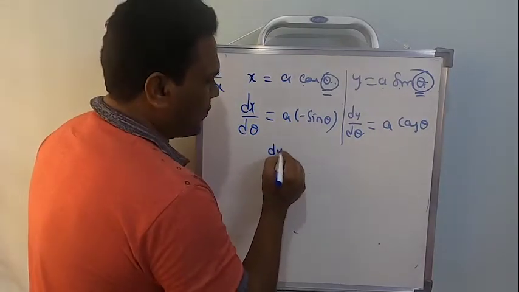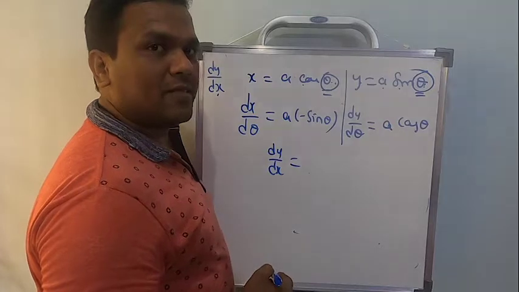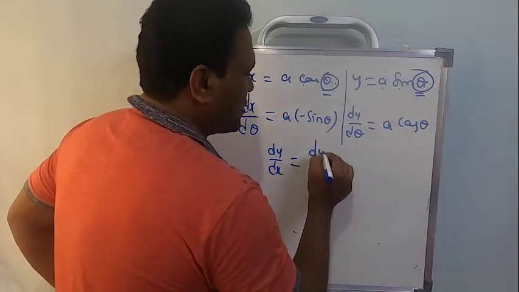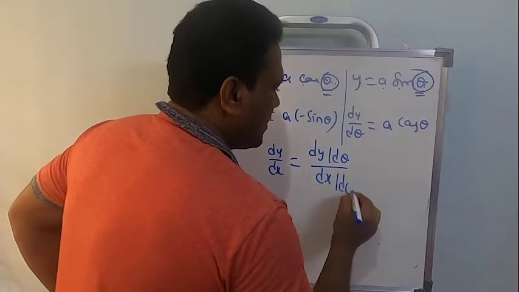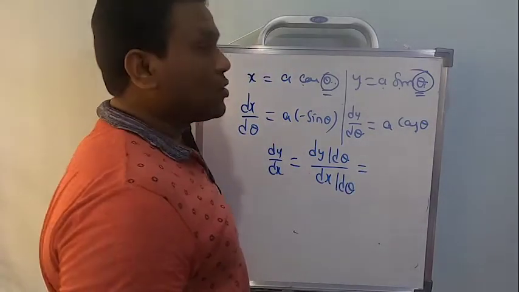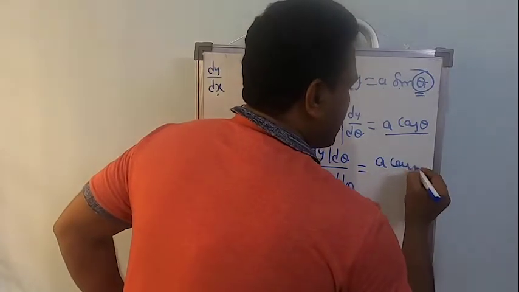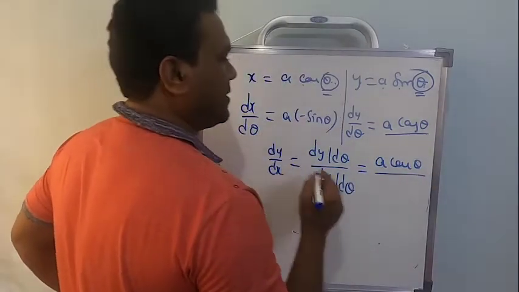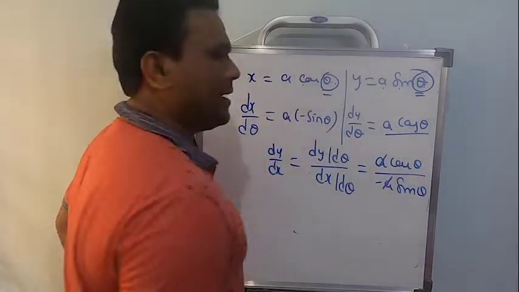So what is the formula to find dy by dx? Now remember, the parameter is theta this time. So dy by dx will be dy by d theta divided by dx by d theta. So what is dy by d theta? We have here a cos theta, and what is dx by d theta? Minus a sin theta. Eliminate a.